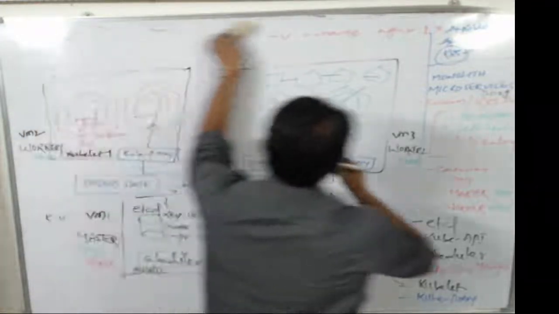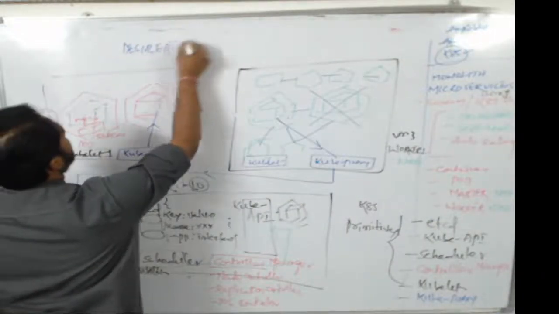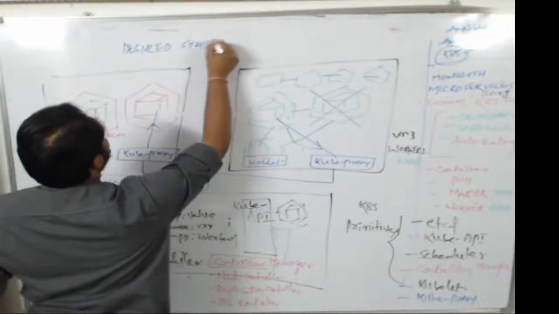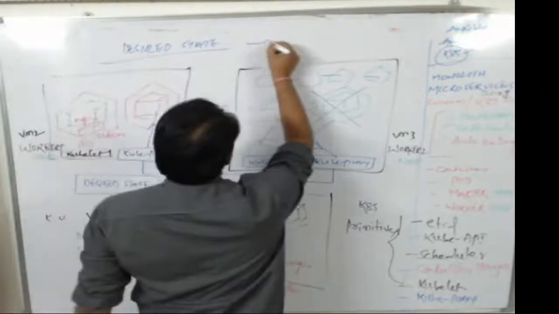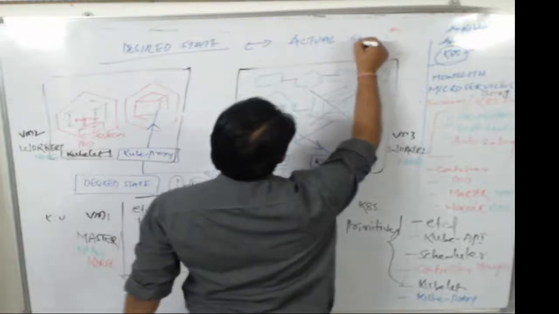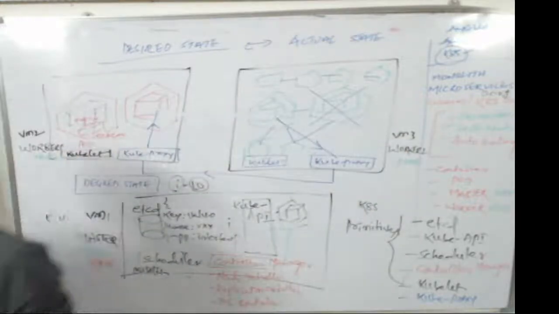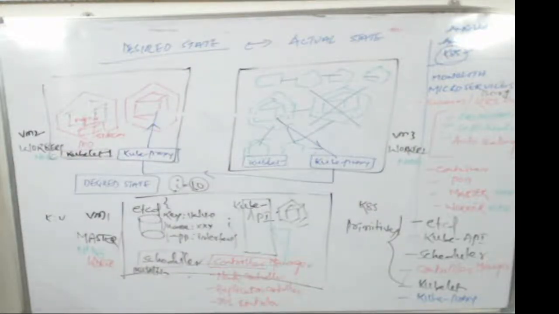So there is one thing called desired state. This is what you want. And there is something called actual state. You want 10 crores in your bank account.